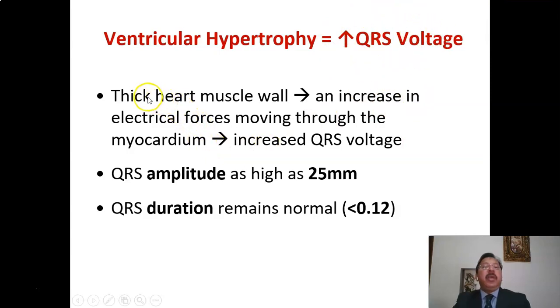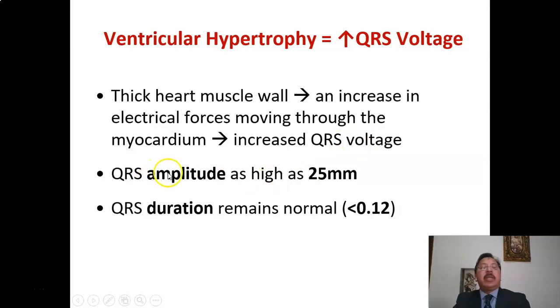So if the cardiac muscle becomes thick, there will be an increase in the electrical forces moving through the myocardium. This results in enlarged or tall QRS complexes.